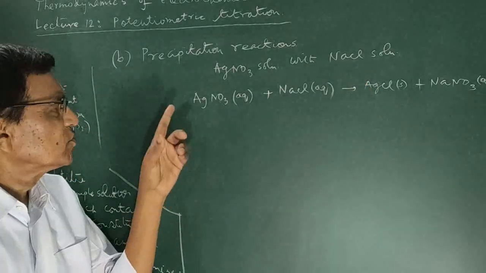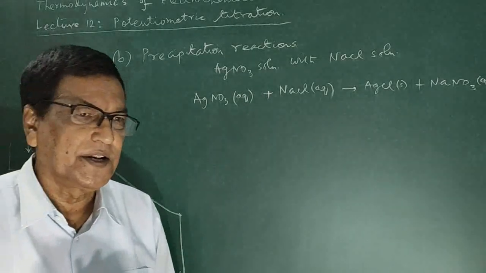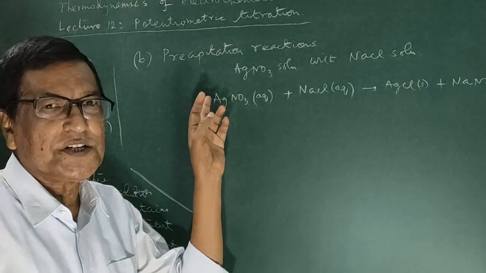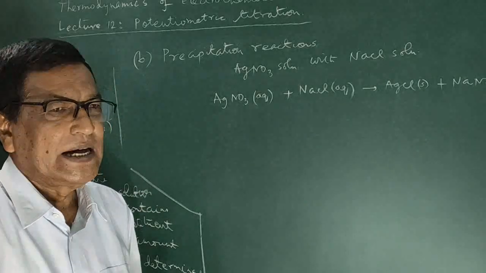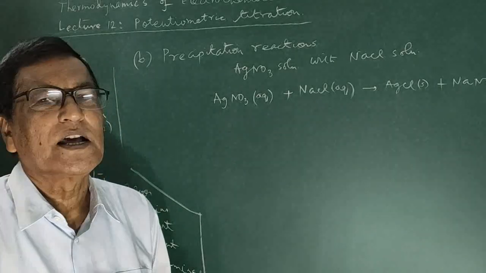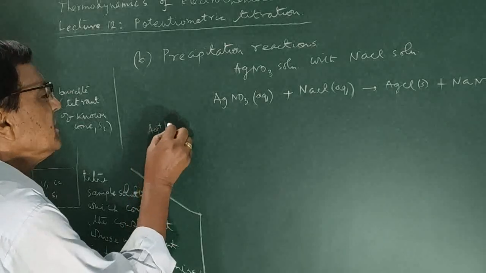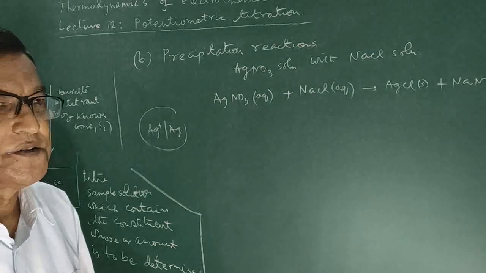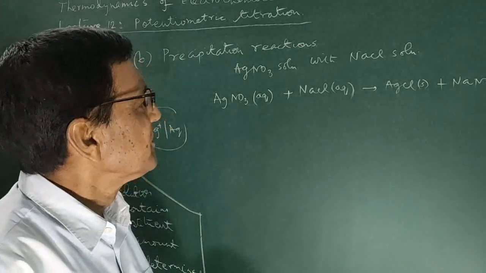So we must choose an indicator electrode whose potential depends on the concentration of silver ion in the titer. In this case, silver ion silver is the best indicator electrode for these titrations.